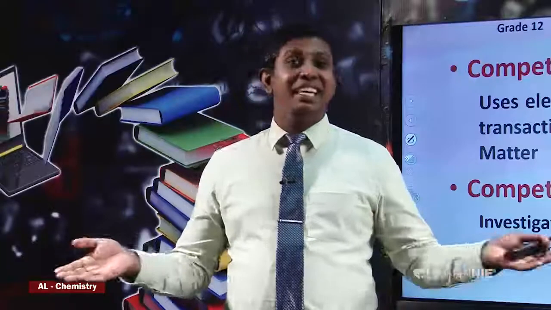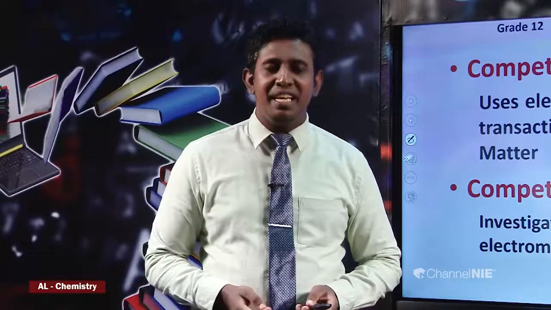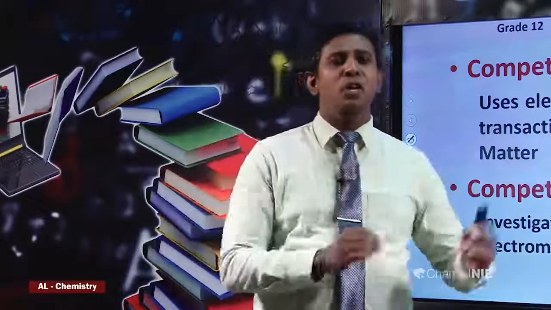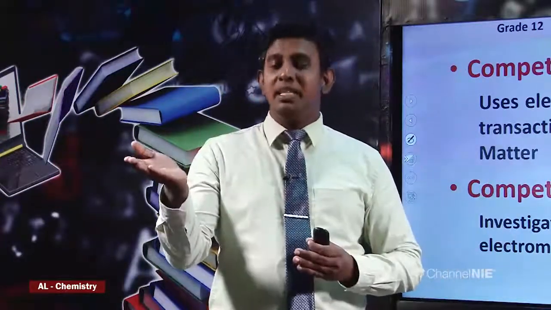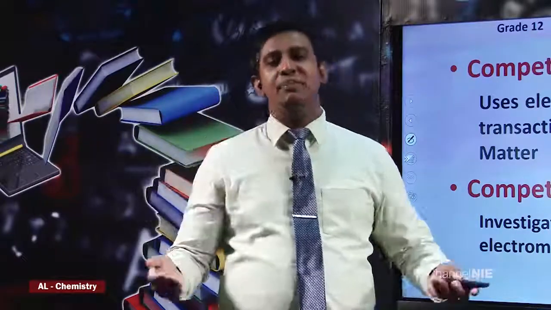So here we are going to look at what electromagnetic radiations are. And then after that we are going to talk about the quantum theory, and what the points are that we have in quantum theory.